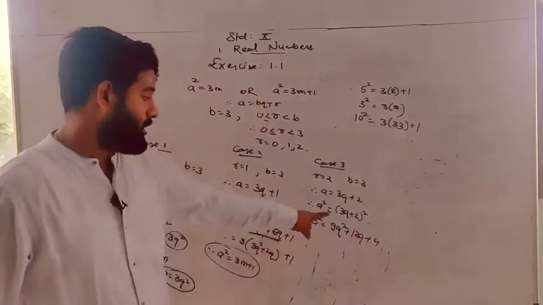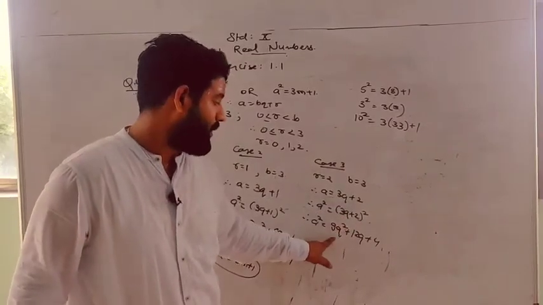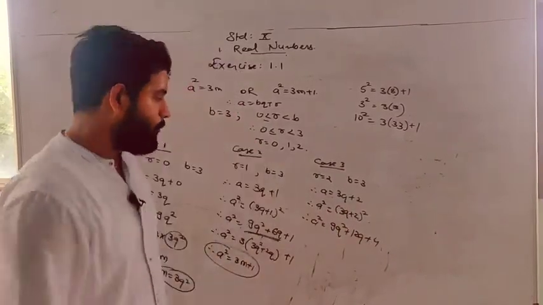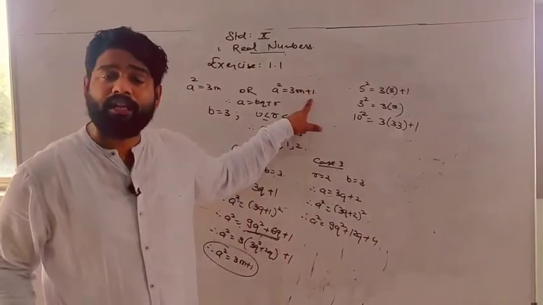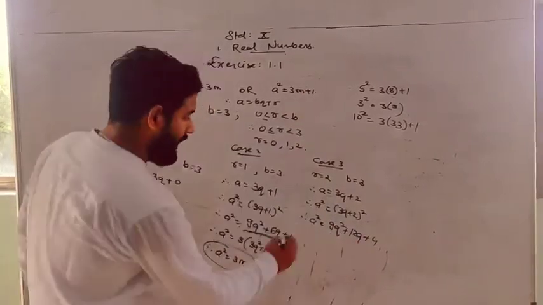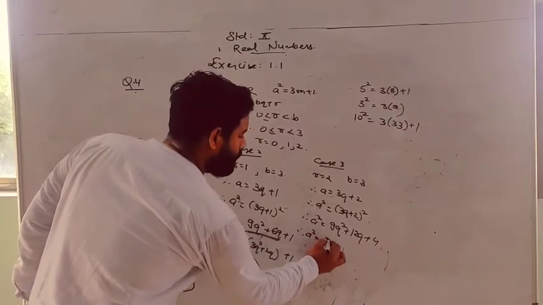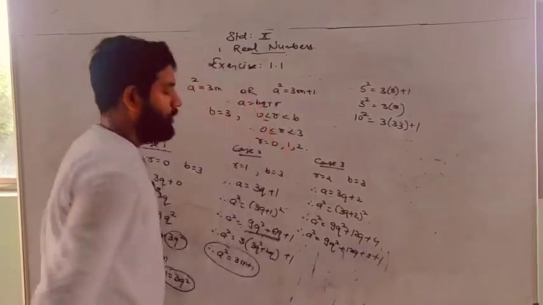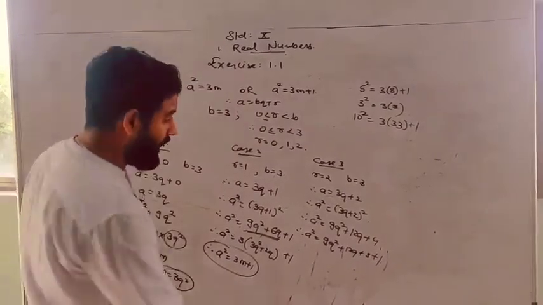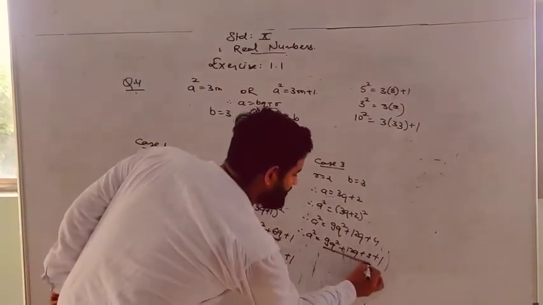Now you should know this: (a plus b) whole square is a square plus 2ab plus b square. Now, again, at the last I should have only 1. Here 4 is there. So can I write this as a square is equal to 9q square plus 12q plus 3 plus 1? 4 can be written as 3 plus 1, so that I can take 3 common from these 3 terms.